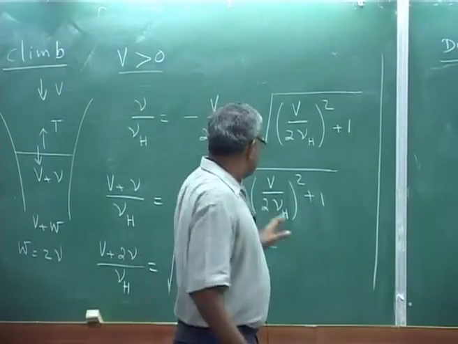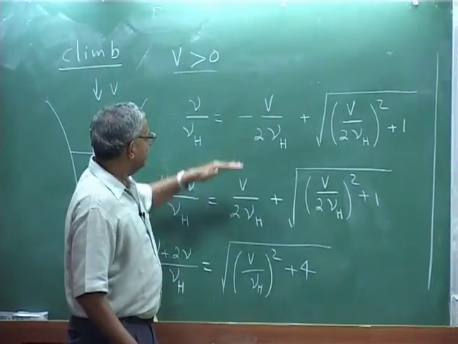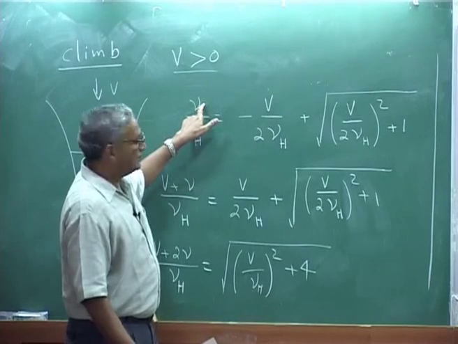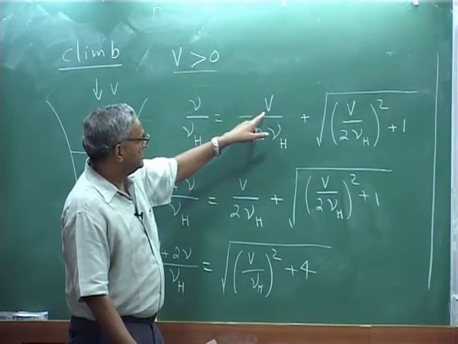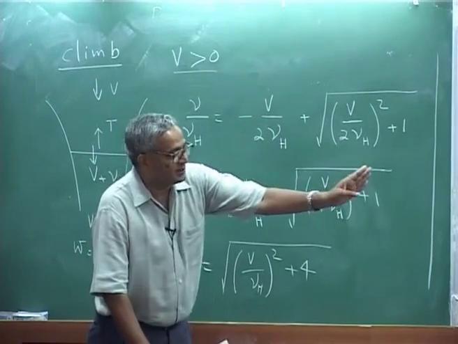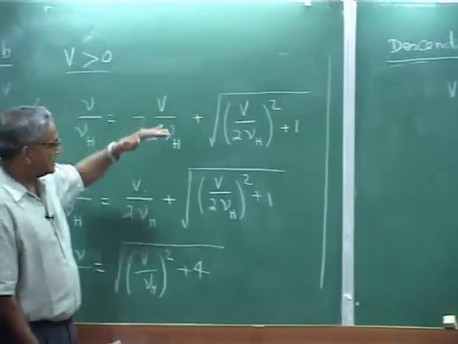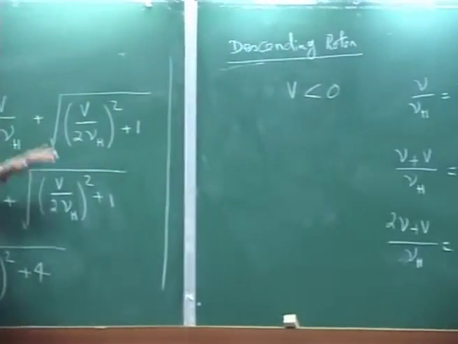Okay. Suppose let us take only this. This is inflow as a function of climb. Now, climb means I should be on the positive side. That means this curve is applicable only for climb situation.